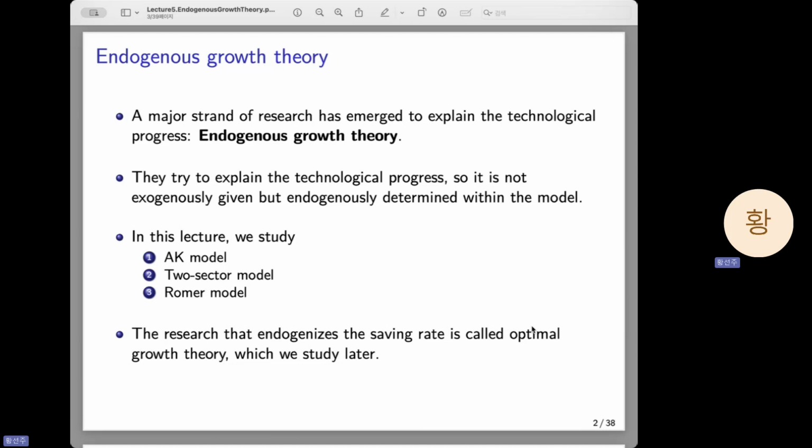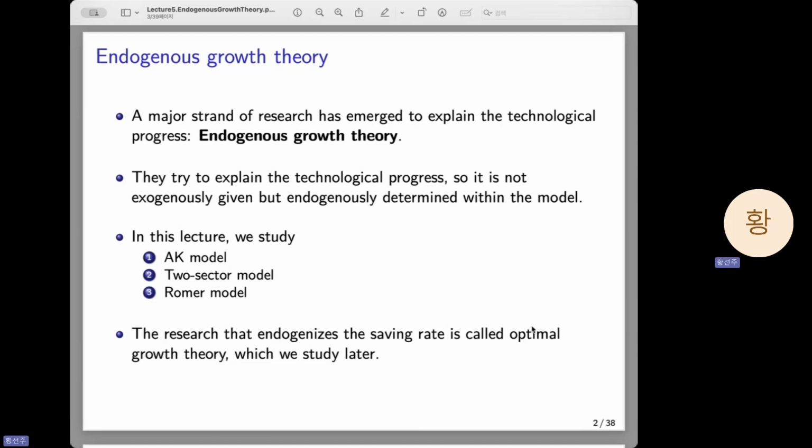In other words, technology is not something that just falls from the sky. It is something that economic agents intentionally produce. So this line of research is called endogenous growth theory.